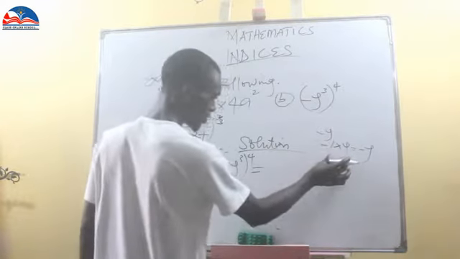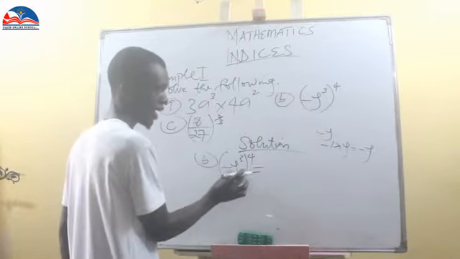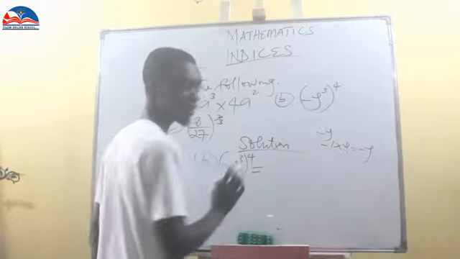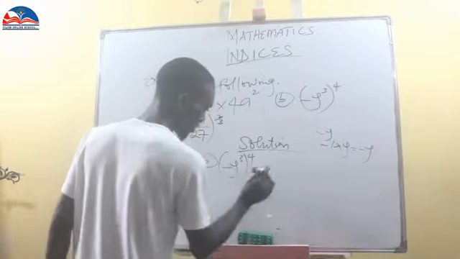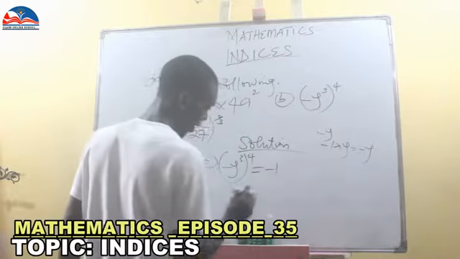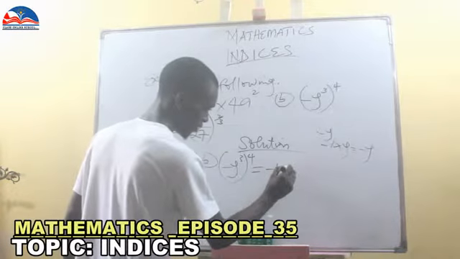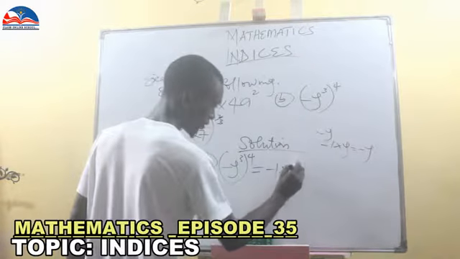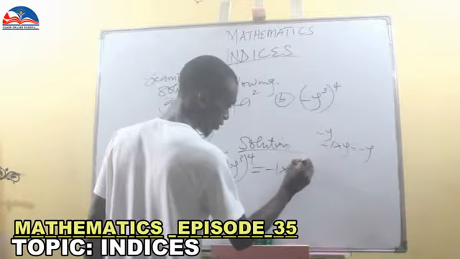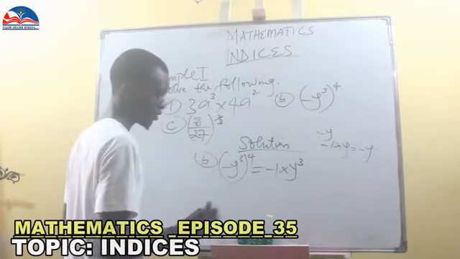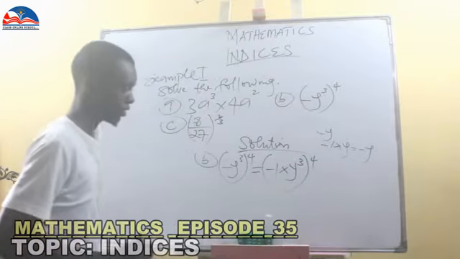So I can split this expression as minus 1 times y, because it is the y that is indexed: minus y index 3, all index 4.